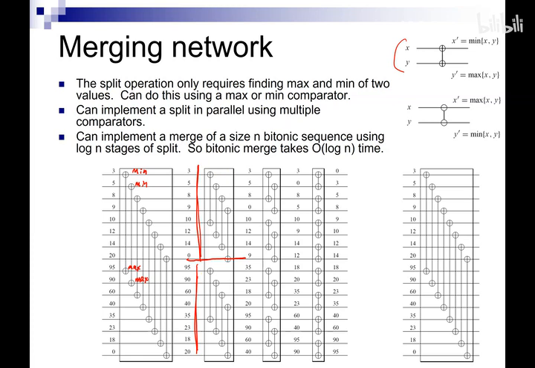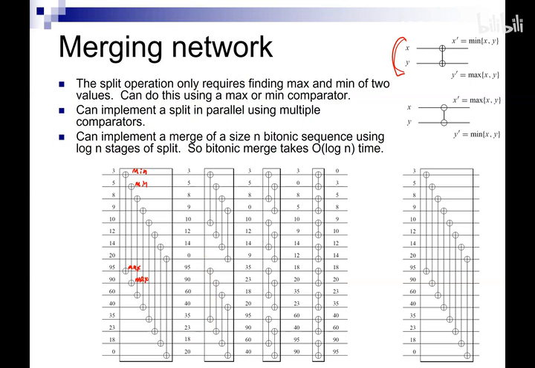To do that, you take the first element and match it with the middle element of the first sequence, and the second element with the next one. Then you do these matchings, and again you put the minimum value up top and the maximum value on the bottom, using this circuit over here. Then you do the same thing on the bottom, another bitonic split on the bottom sequence.